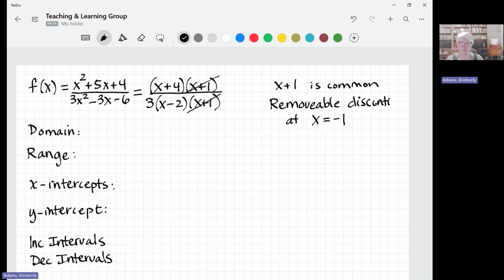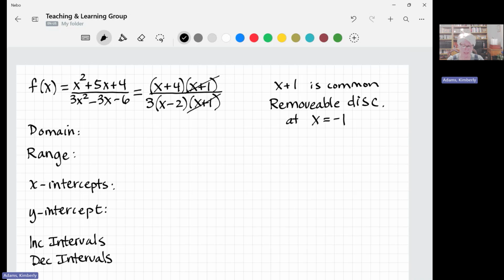The function is not defined at that point, but it's not going to be a large issue for us. I've got a numerator and denominator both going to 0 at that location, so I'm simply going to remove it from the domain. It's going to present as a hole in the graph.